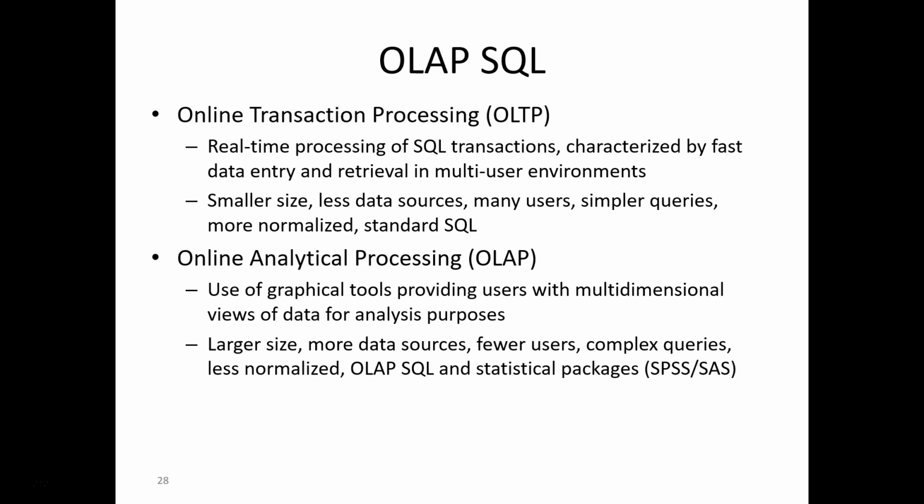The data retrieved tend to be large in volume from many different data sources, and the queries tend to be very complex to represent the multidimensional nature of the enterprise data warehouse. And the data are less normalized in order to handle large data more efficiently.